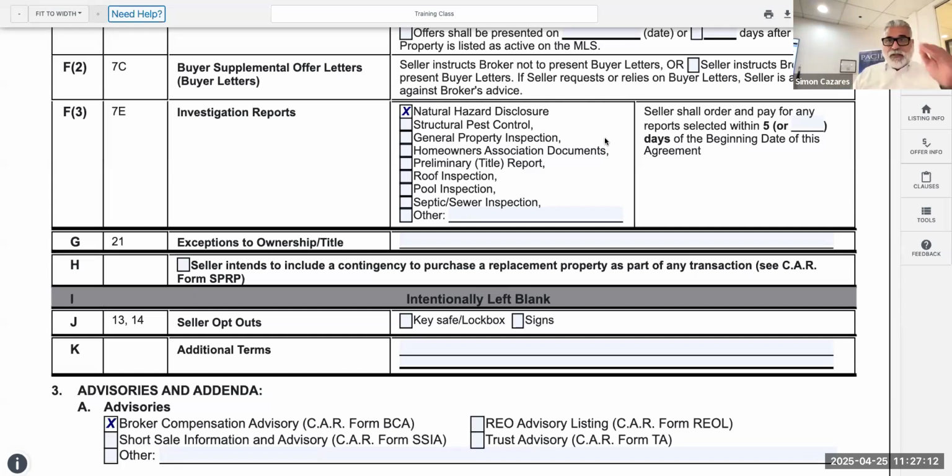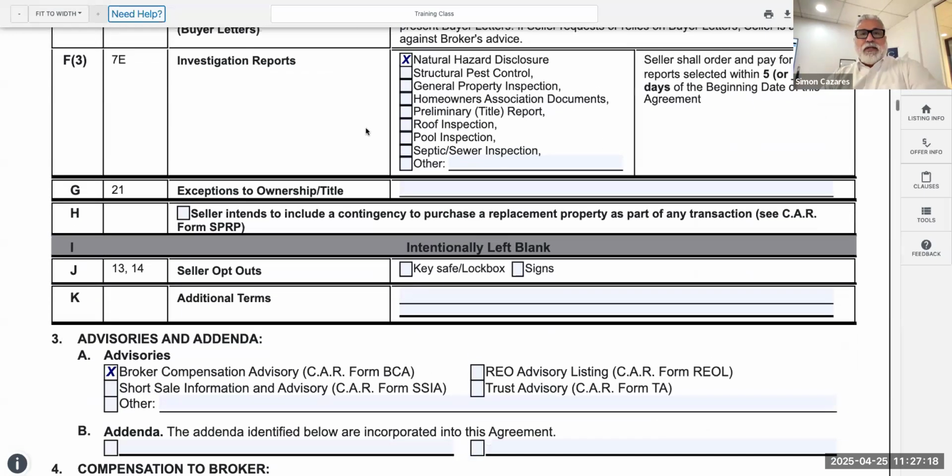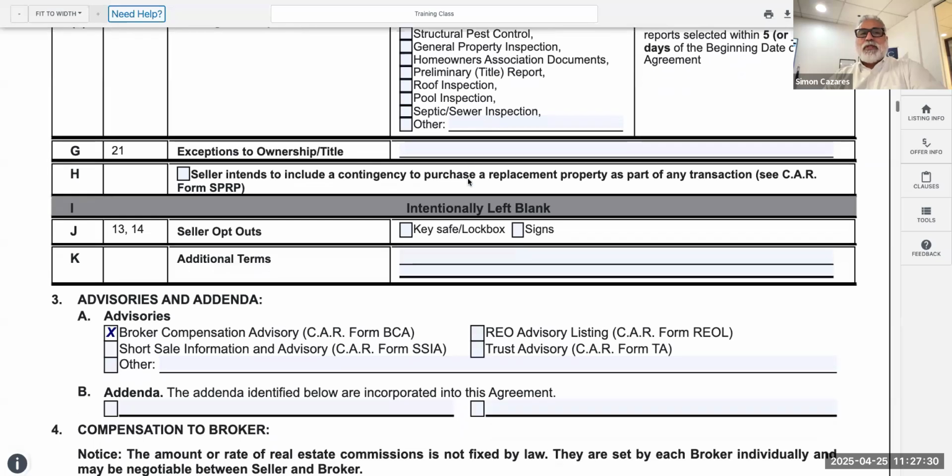Does that make sense? Seller shall order and pay for any report selected within the 5-day default period. Okay, so it has structural, general, the HOA documents, prelims, roof, pool, septic, sewer, and then you can click if there's any other inspections you want to do.